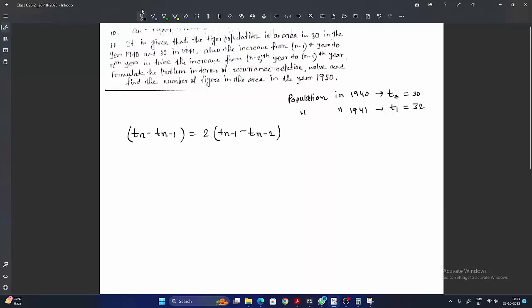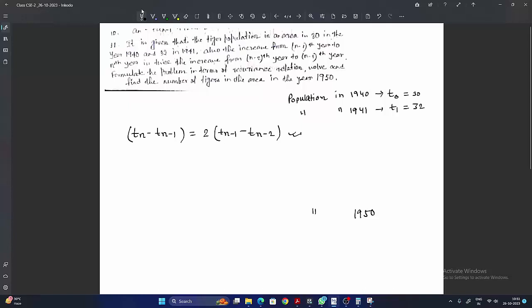So formulate the problem in terms of a recurrence relation. That is the formulation of the problem, and solve it. Now you will solve that and find the number of tigers in that area in the year 1950. You have to calculate the tiger population in 1950, or by this ratio you can also calculate the tiger population in 1917 or 1990 or 2050.